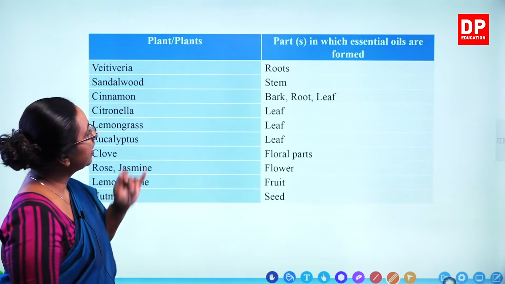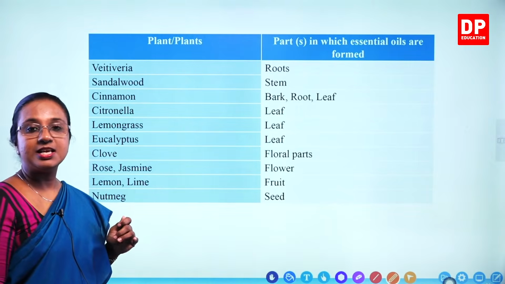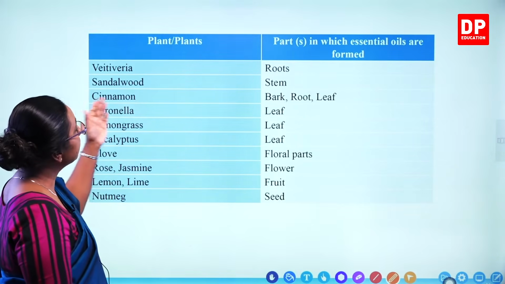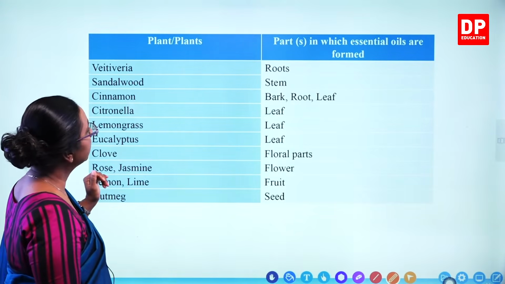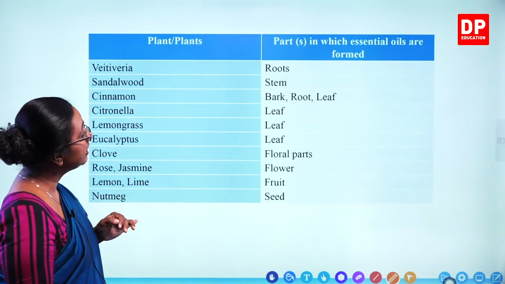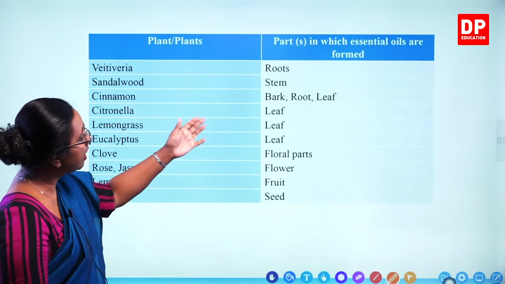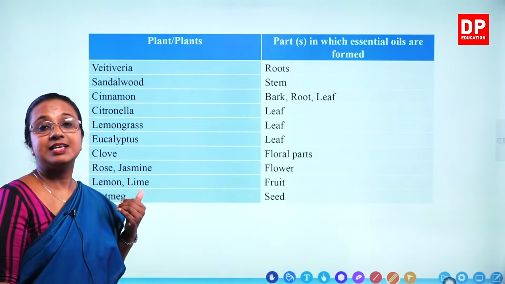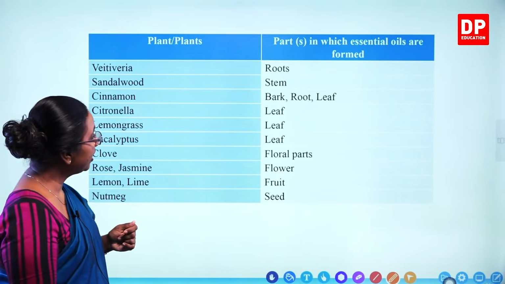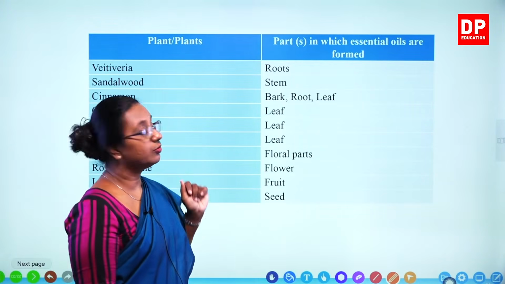Vetiver has essential oil in its roots. Sandalwood has it in the stem. Cinnamon has it in many different parts: the bark, root and the leaf of cinnamon contain essential oils. As you already know, we use the bark for cooking.